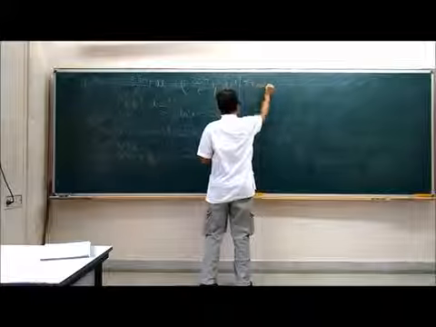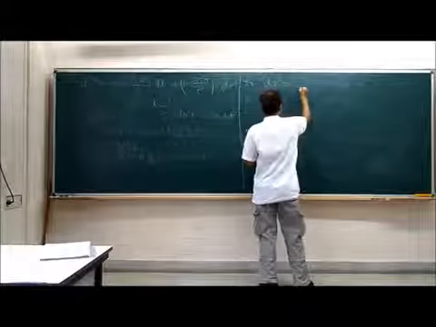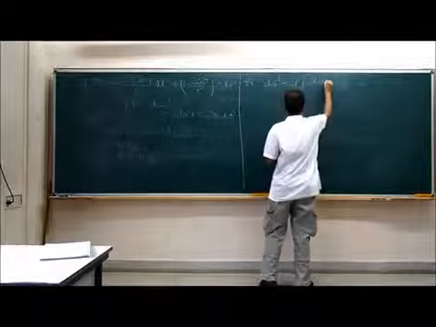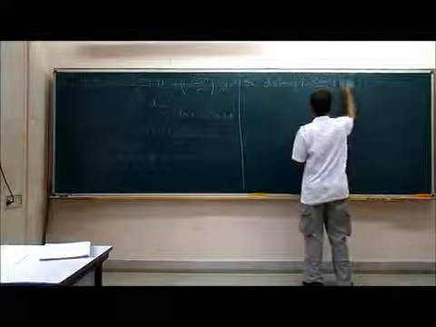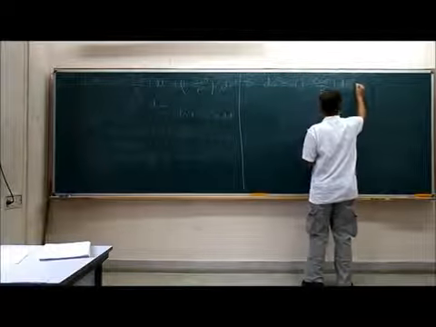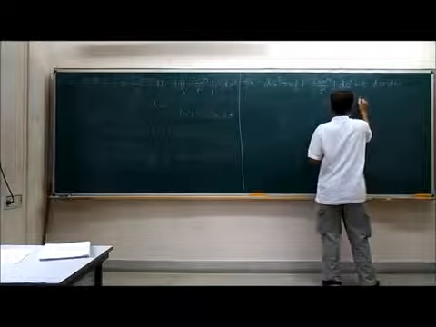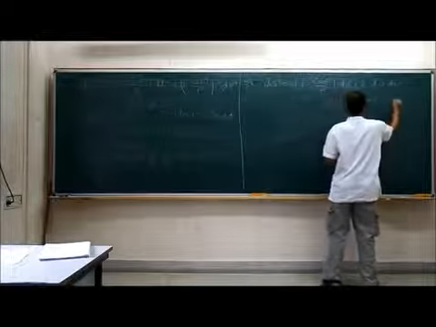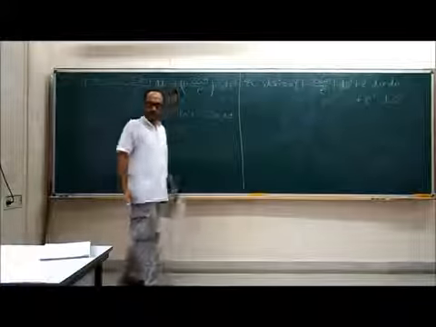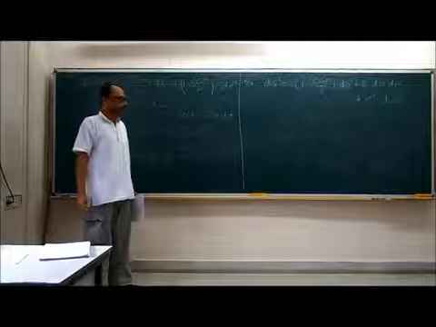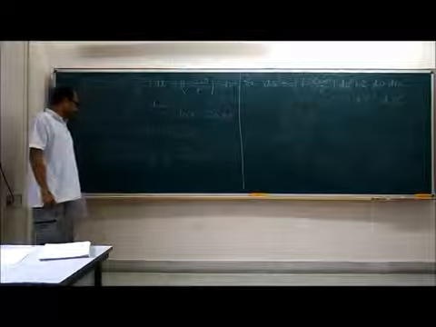So the exercise is to check that ds square in this coordinate system is minus (1 minus 2gm by rho) dv square plus 2 dv d rho plus rho square d omega square.